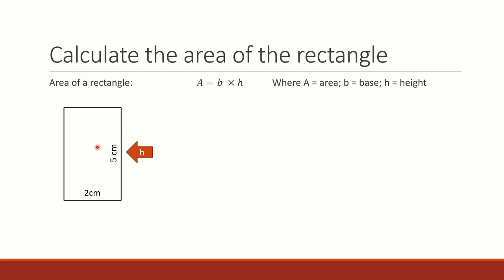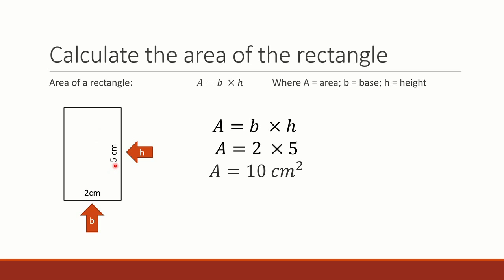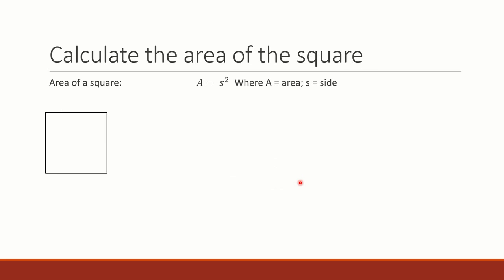So H is going to be 5 centimeters, B is 2 centimeters, and then we start by writing down our formula, A equals B times H, and we swap out the letters for numbers. B we said was 2, H we said was 5, and if we multiply those two we get 10 square centimeters. Please remember to write in square centimeters.